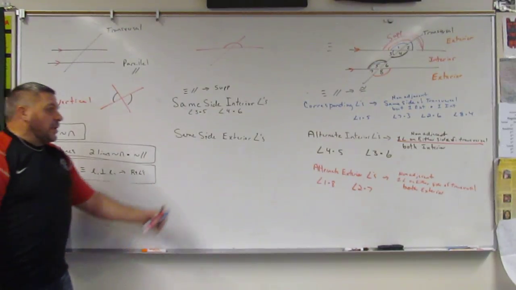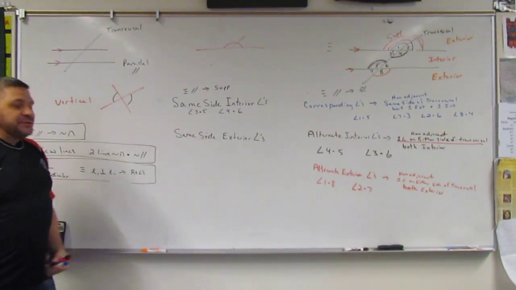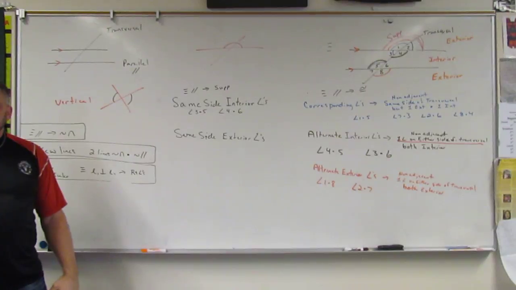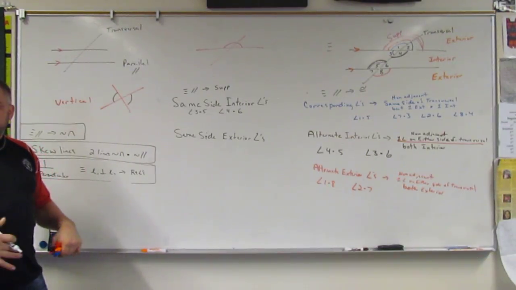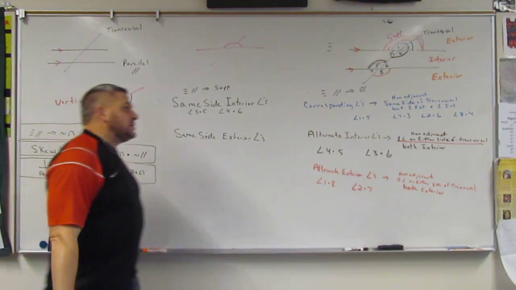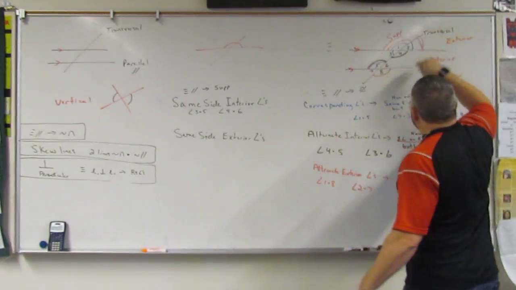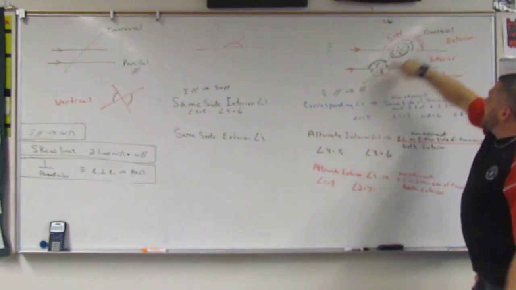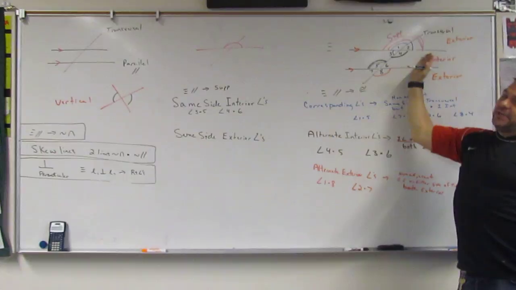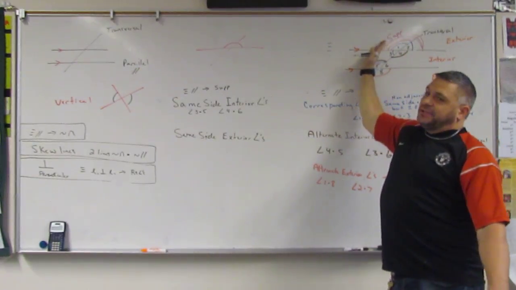Okay? What are some same side exterior angles? Skylar. Same side, but on the outside. So remember, exterior, but same side, meaning they have to be on either this side of the transversal or this side of the transversal.